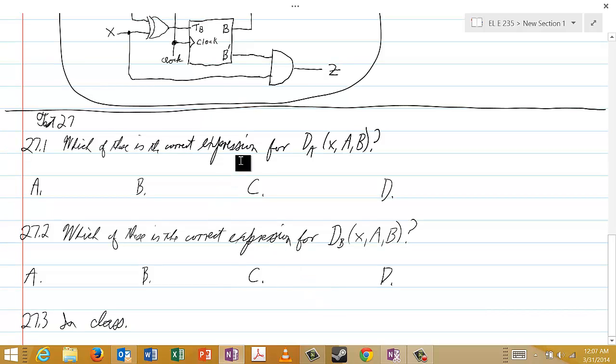Now you want to find correct expressions for DA as a function of x, a, and b, and DB as a function of x, a, and b. And I see I haven't filled in these values yet, so I'll fill those in and then we'll come back. But just remember now, this is for the table that you derived in lecture 26.